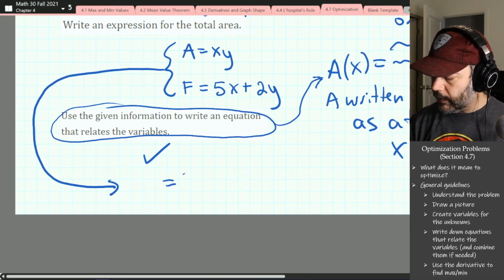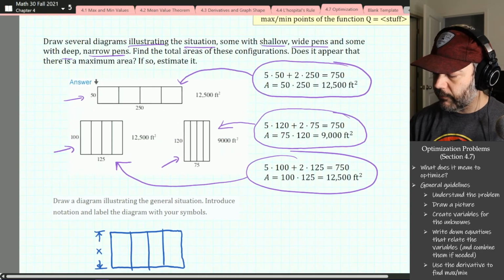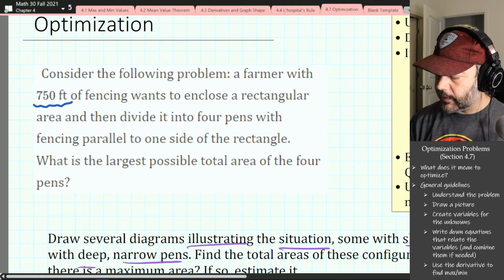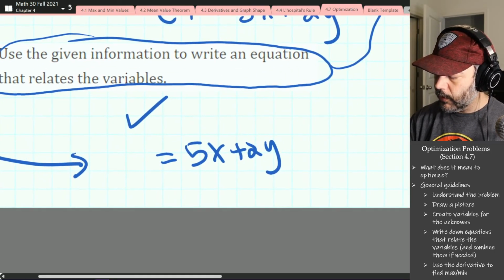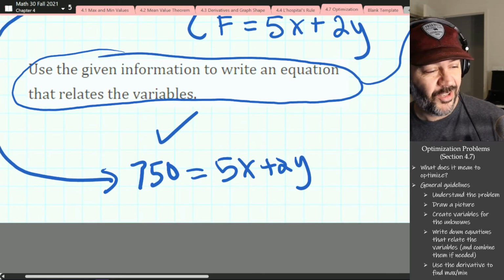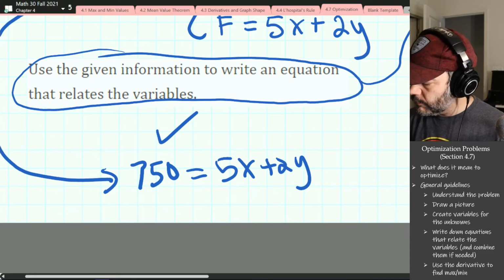And that would be 5x plus 2y equals F. But do you remember that F was constant? The amount of fencing is constant. So we could plug in 750. So this is an equation that directly answers the question: use the given information to write an equation that relates the variables.